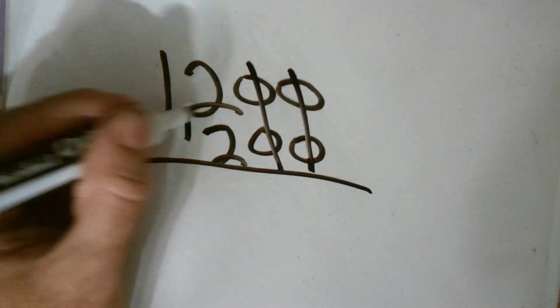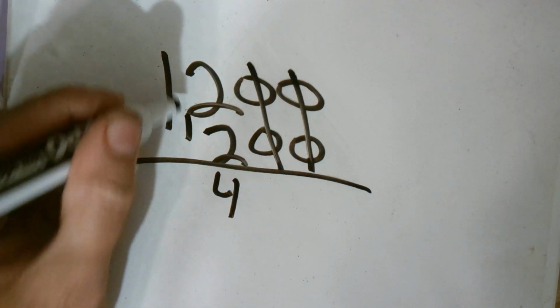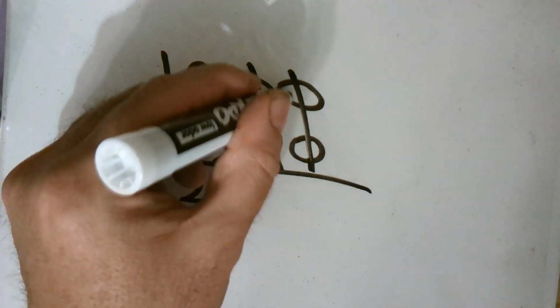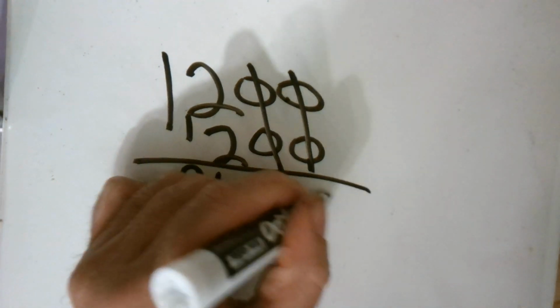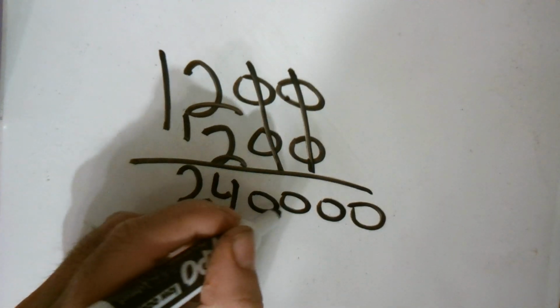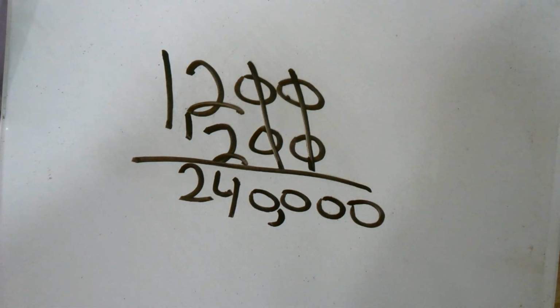I go 12 times 2, or 2 times 2 is 4, 2 times 1 is 2. Add the zeros. 1, 2, 3, 4 zeros. 240,000. So that's the multiplication aspect of it.